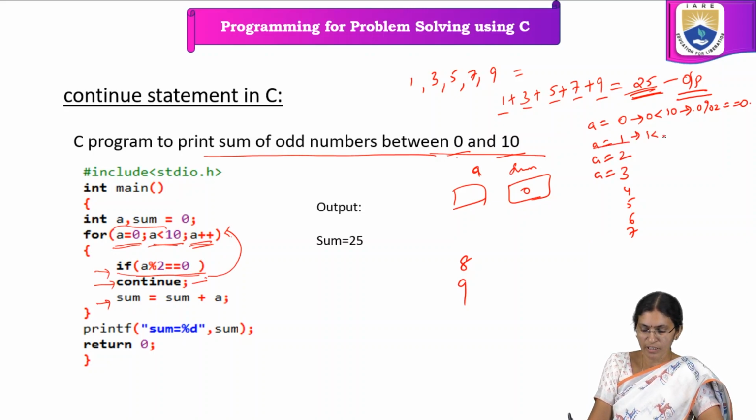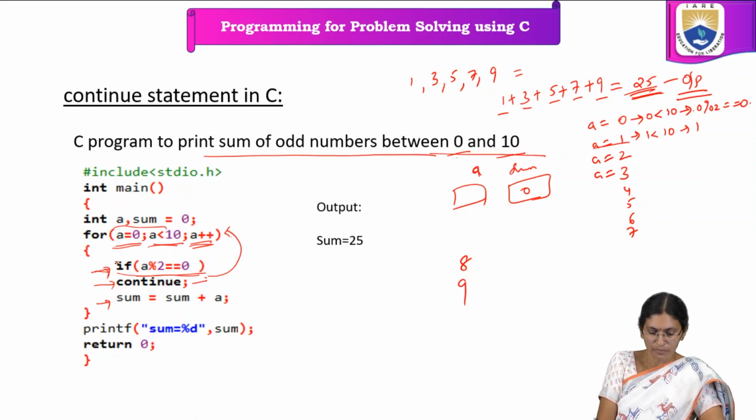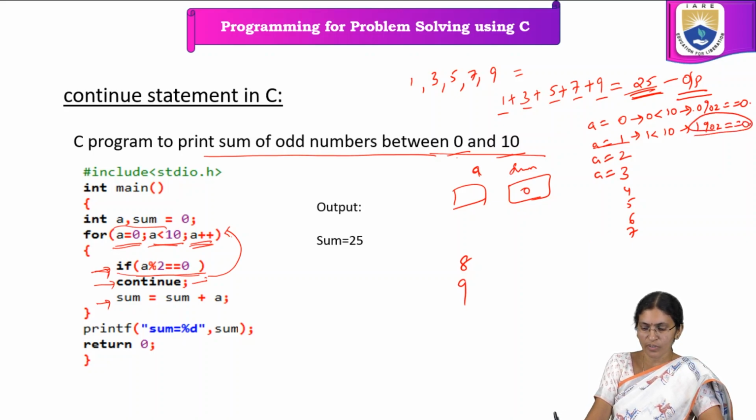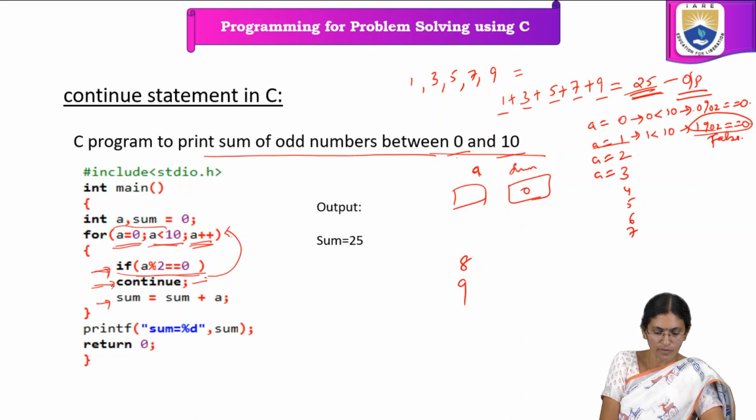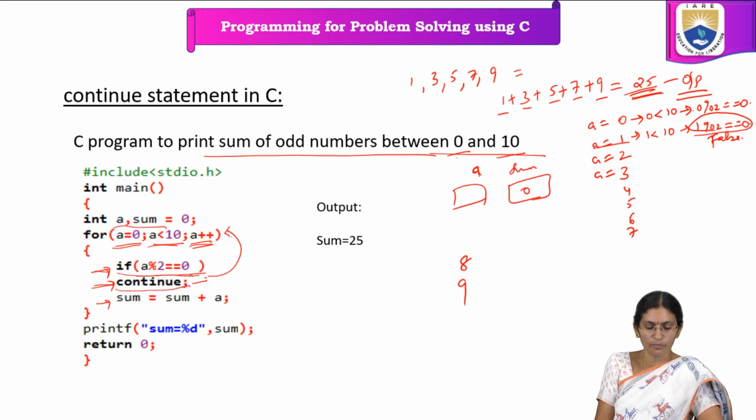Now the condition checked is a less than 10, that means 1 less than 10. 1 is less than 10. Next, this condition will be checked. 1 mod 2 is not equal to 0, so this condition is false, and it will not enter this if block. The continue statement will not be executed.